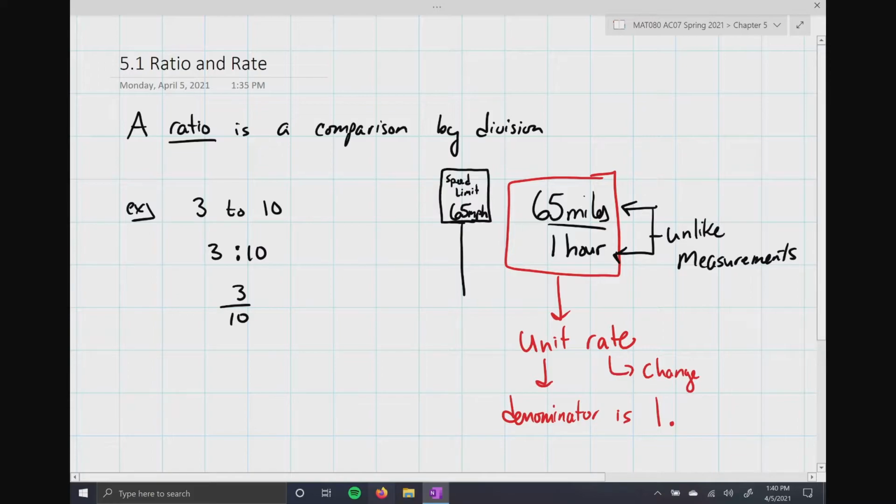Now, on the left-hand side, that 3 over 10, I can make this, let's say, 3 inches over 10 miles.